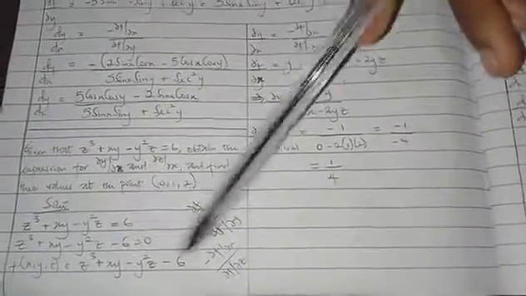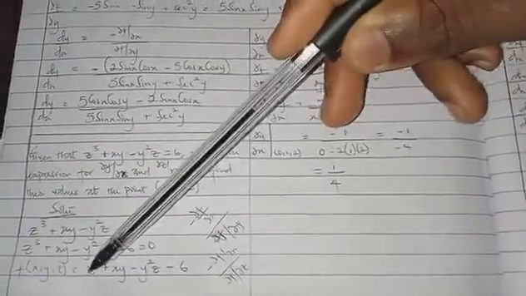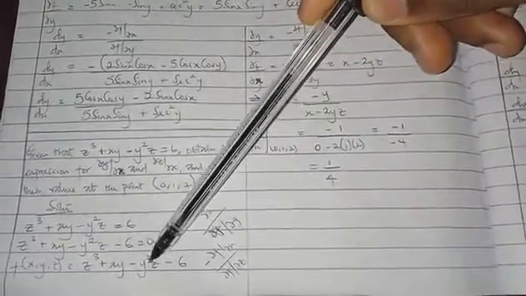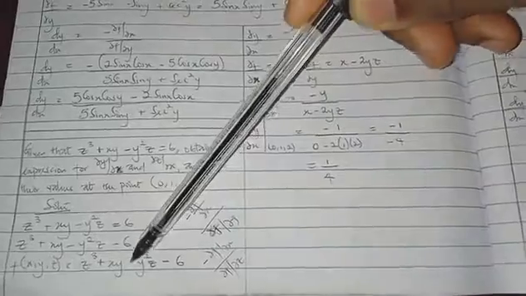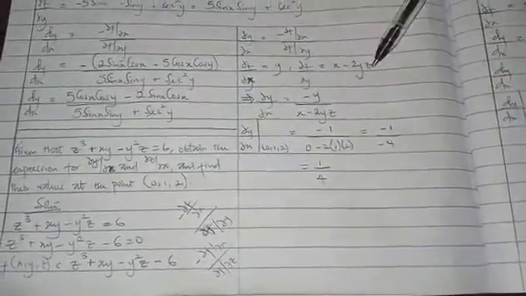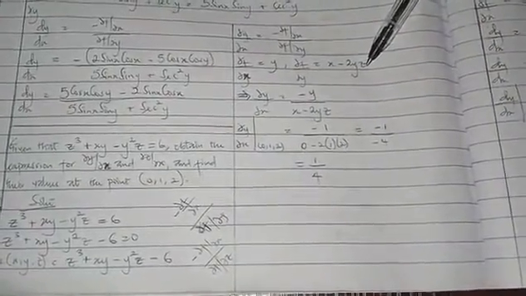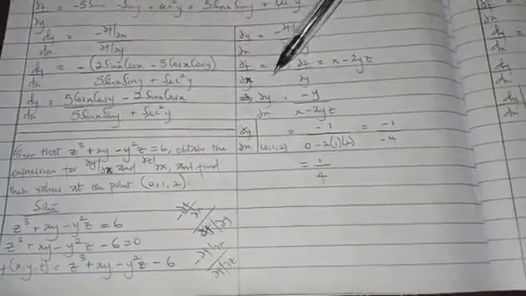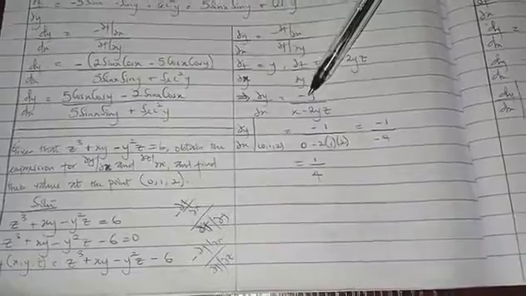Partial f over partial y: we have y here and here, so those are 0. Differentiation of this with respect to y is x, and differentiation of this with respect to y is minus 2yz. So we have x minus 2yz. So partial y over partial x is equal to minus y all over x minus 2yz.